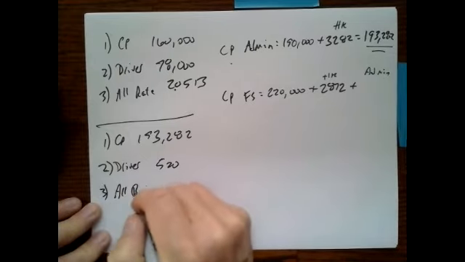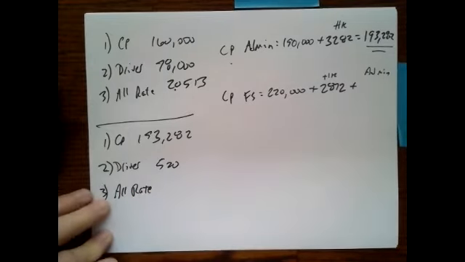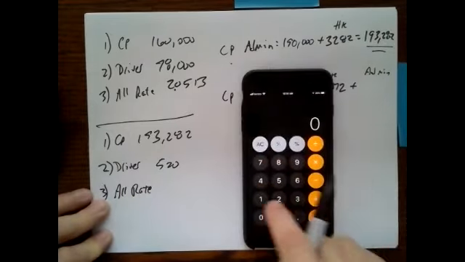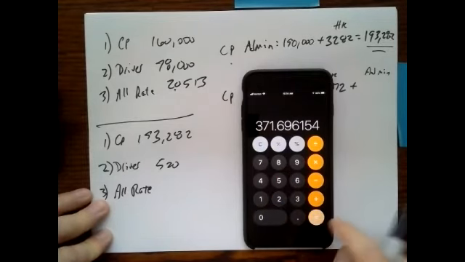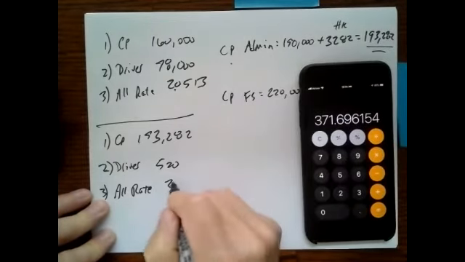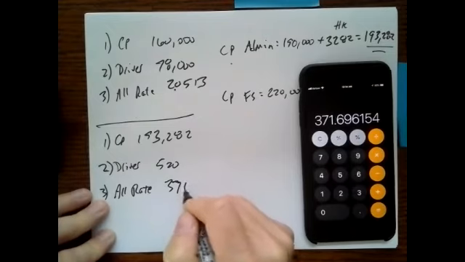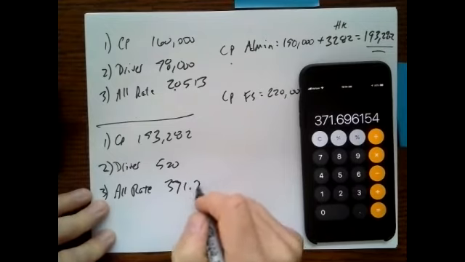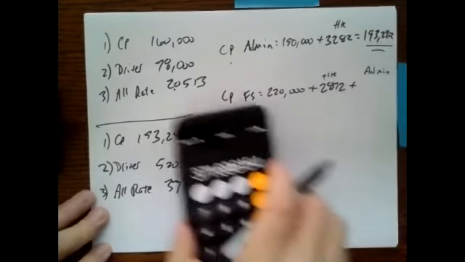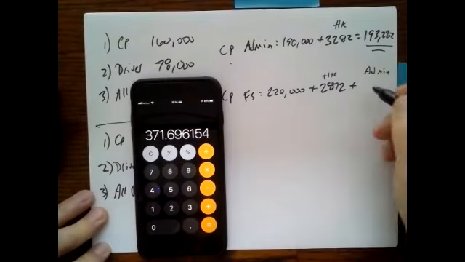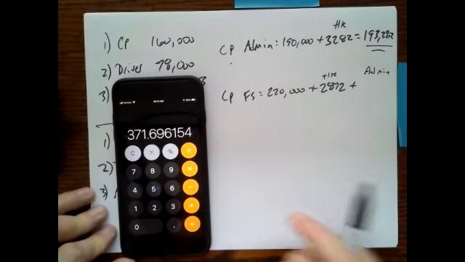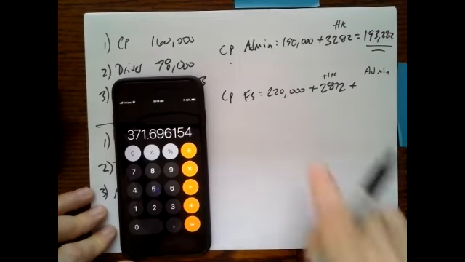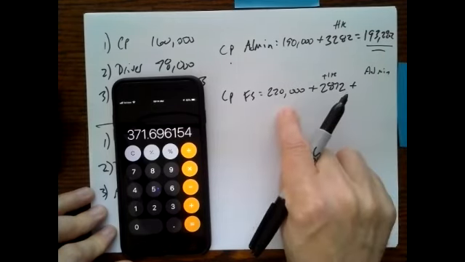The allocation rate then is 193,282 divided by 520, which is 371.70. Okay, so now we want to finalize our financial services cost pool. So we need the 220 for their direct cost.